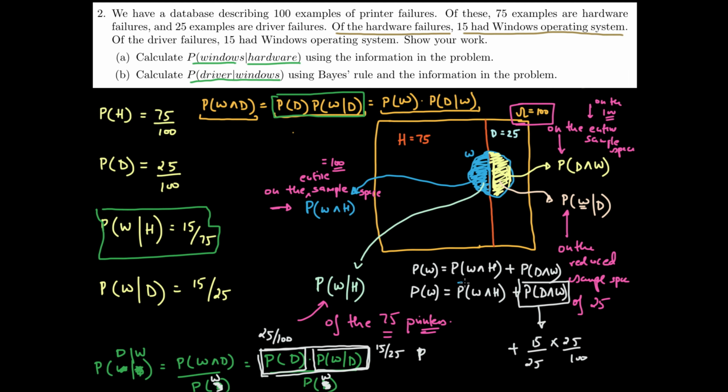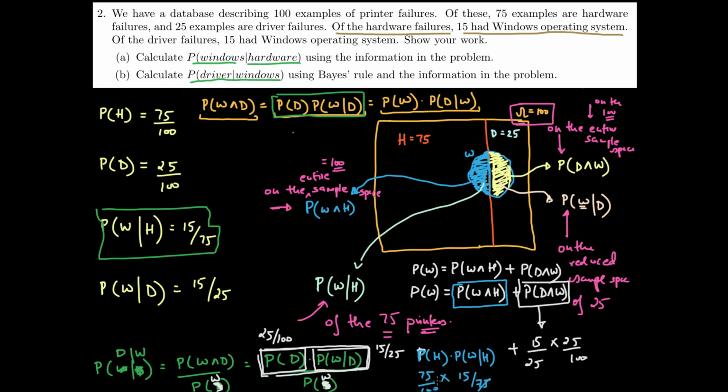We'll take this box in blue, which is nothing but the probability of H happening times the probability of W given H. So the joint probability distribution of W and H is the probability of H happening times the probability of W given H. The probability of H happening is 75 over 100, times the probability of W given H, which is 15 over 75.